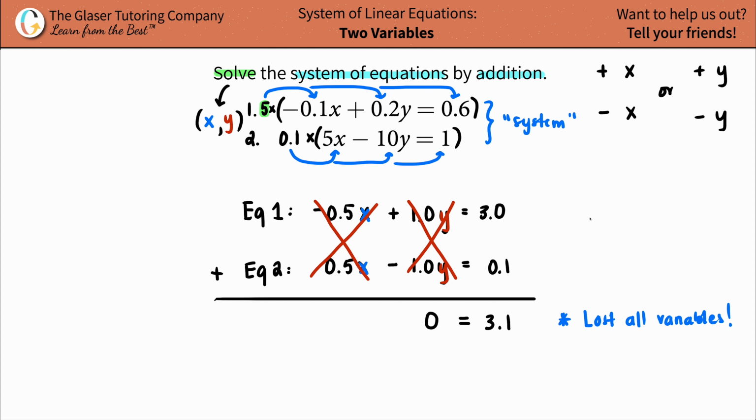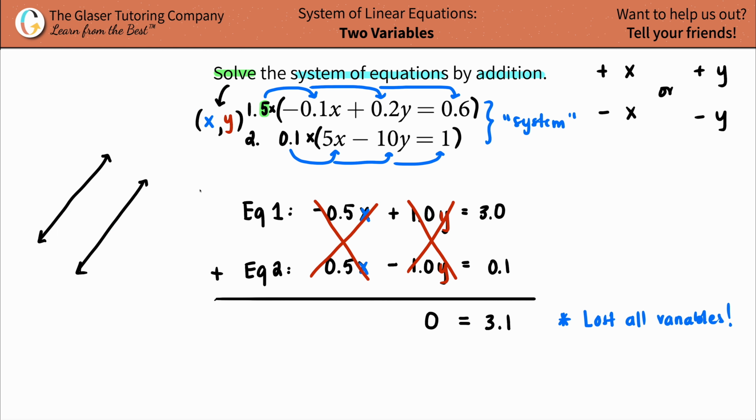So in this case, we have two different answers that can be a possibility now. Either we have parallel lines, right? Maybe this is a set of parallel lines. If it's a set of parallel lines, they will never intersect, and therefore they will never have a point where x marks the spot where they intersect.